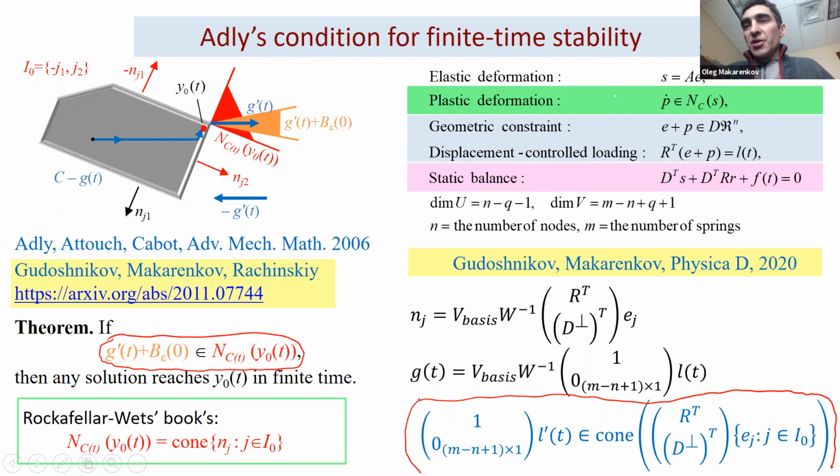Okay, I didn't introduce this matrix. So this matrix is the kernel. This matrix is the orthogonal complement of the matrix capital D. So the product of the matrix capital D with this matrix gives zero. That's the way it's introduced. I will not go into further details.